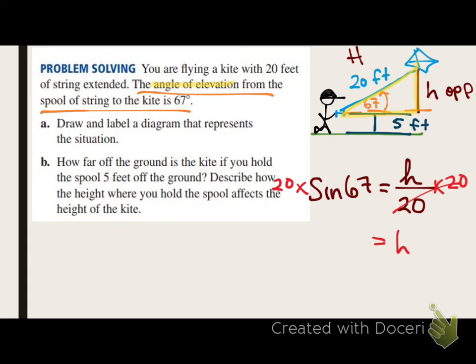It's 18. So there is 18 feet between the spool and the kite. I want to know from the kite to the ground. So I'm going to take that 18 feet and add the remaining 5 from the spool to the ground, and that is 23 feet.